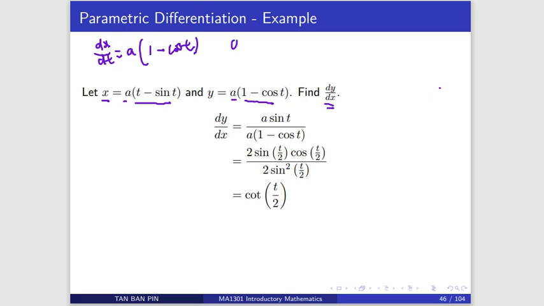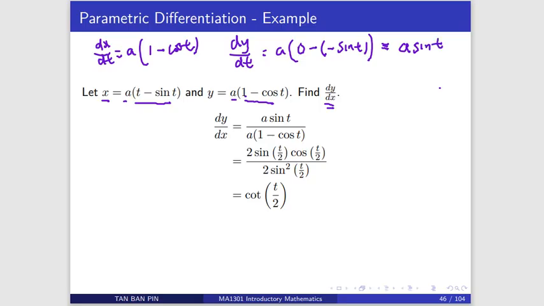Then dy/dt is a times the bracket: differentiate 1 is 0, differentiate cosine is negative sine t, so minus gives you plus, so it just gives you a sine t.